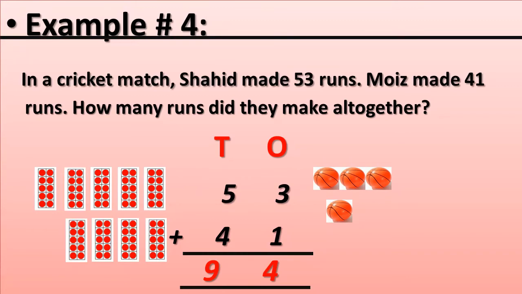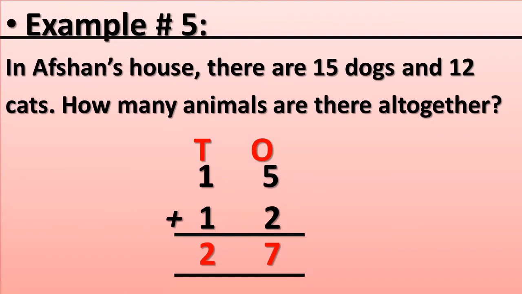Here is another example, that is, in Afshan's house there are 15 dogs and 12 cats. How many animals are there altogether?